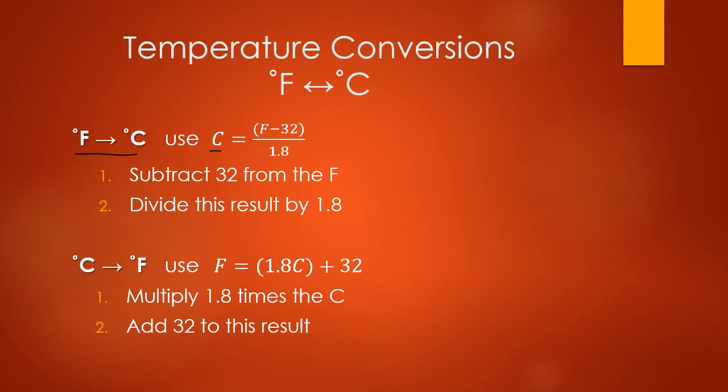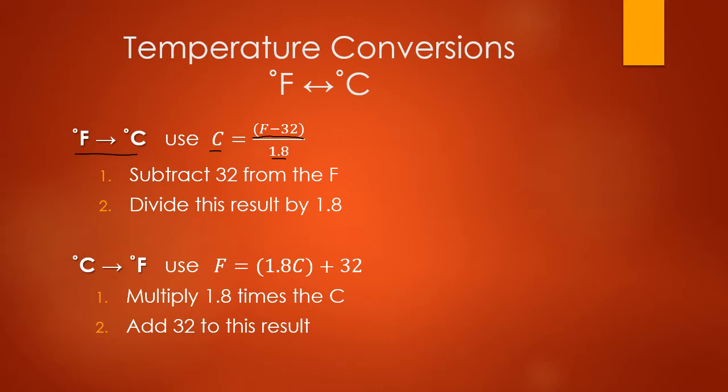When you use this equation, in the numerator we have F minus 32. So you're going to take the Fahrenheit value given to you in the word problem and subtract 32 from it. But notice there are parentheses around F minus 32. Make sure you have that top portion in parentheses, because if you do not, it will divide by 1.8 before it does the subtraction due to order of operations.